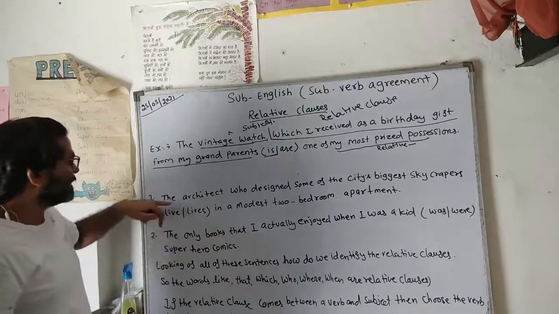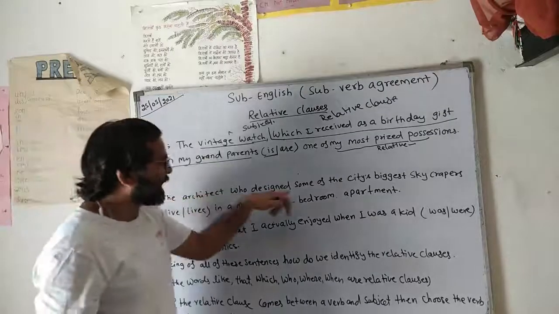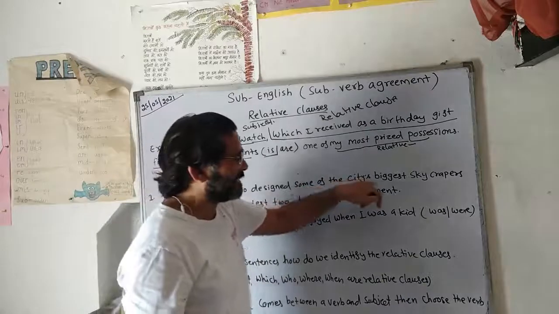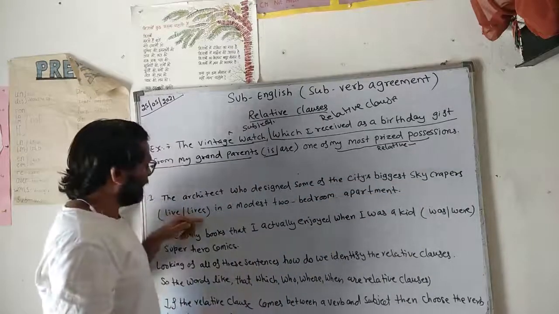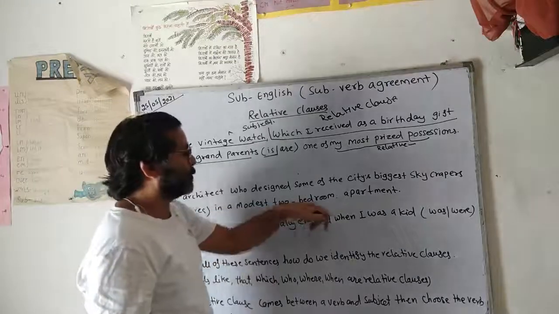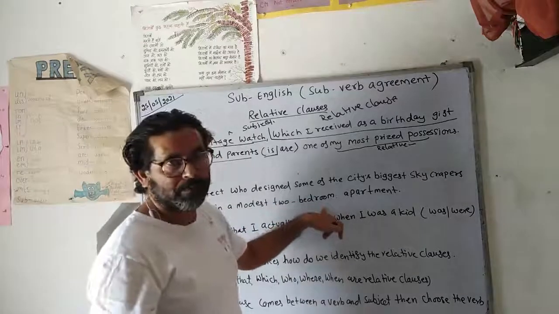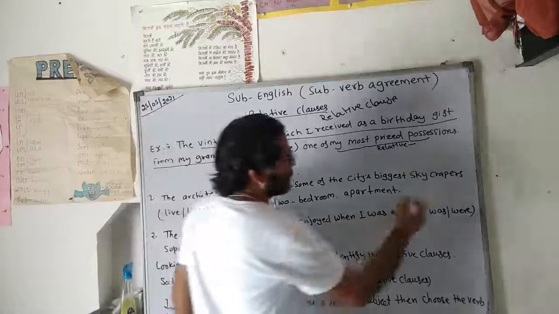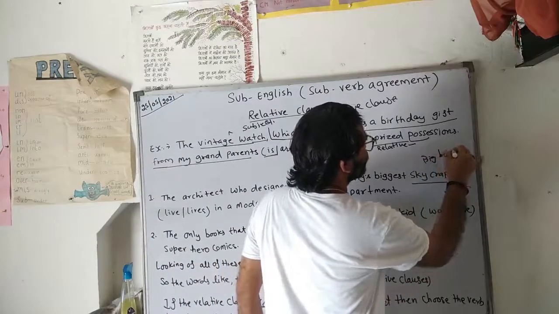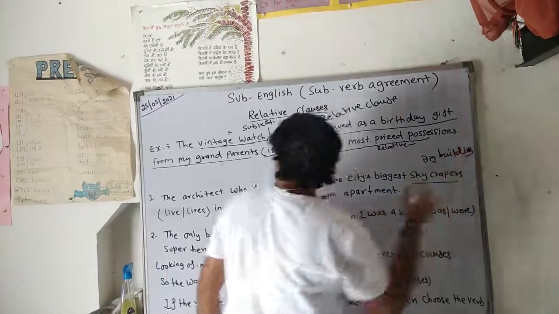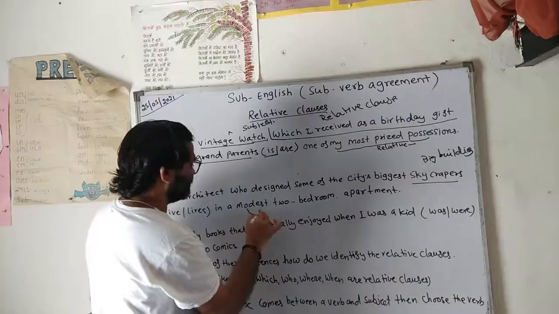Next example, the architect who designed some of the city's biggest skyscrapers lives in a modest two-bedroom apartment. So skyscraper means biggest building or big buildings, and modest means simple.